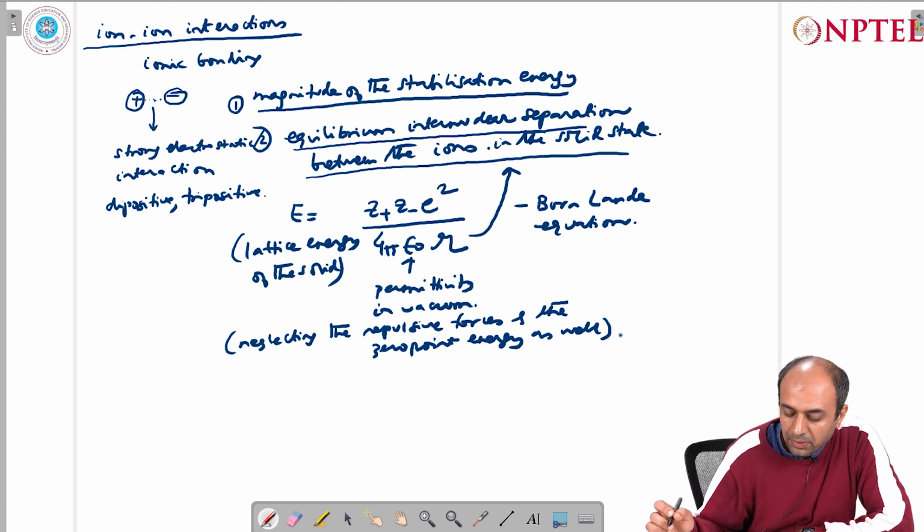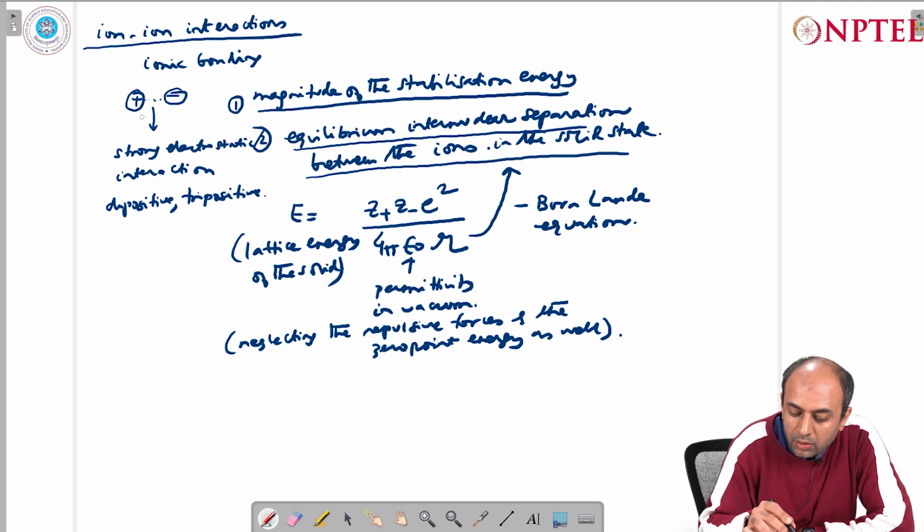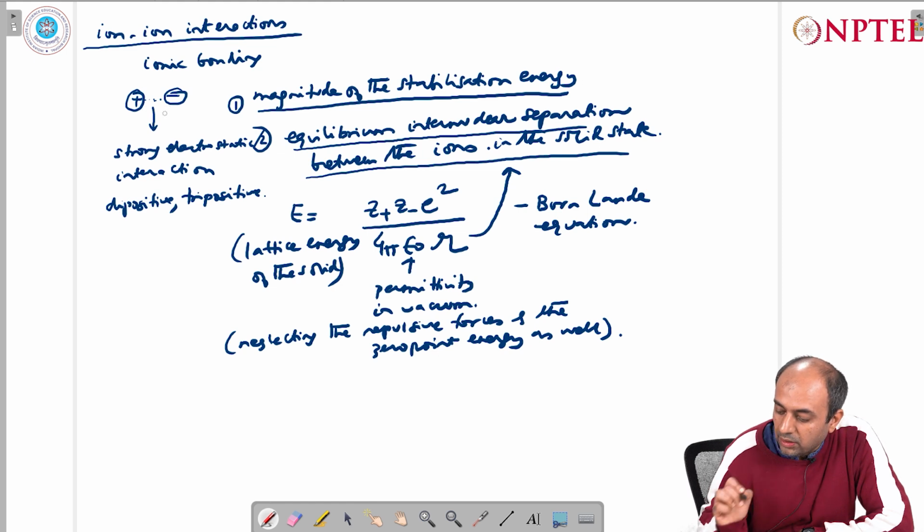So we also need to keep in mind that when two oppositely charged nuclei come close to each other, or two oppositely charged ions come close to each other, there is also a repulsion between the nuclei as well as the electrons of the inner shell. So that as of now has been neglected. We are only considering the electrostatic contribution towards the overall stabilization.